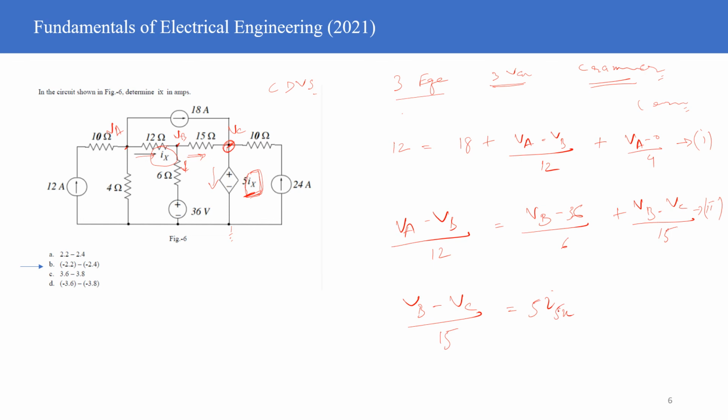Let me just call the current Ix. Ix will again cause confusion, so let me name it as Iy for the sake of simplicity. Iy, and then the current which is flowing out is minus 24 amperes, and this forms your equation number 3.